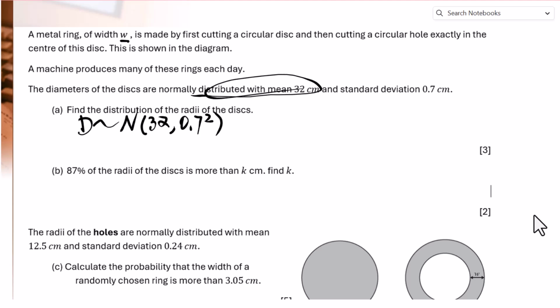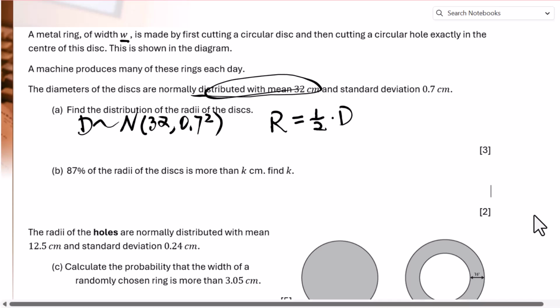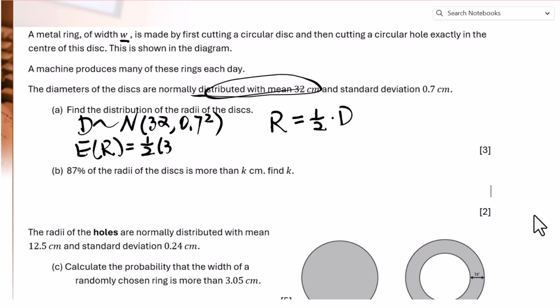Find the distribution of the radii of these discs. Since R equals 1/2 times D, we can get E of R equals 1/2 times 32 equals 16.